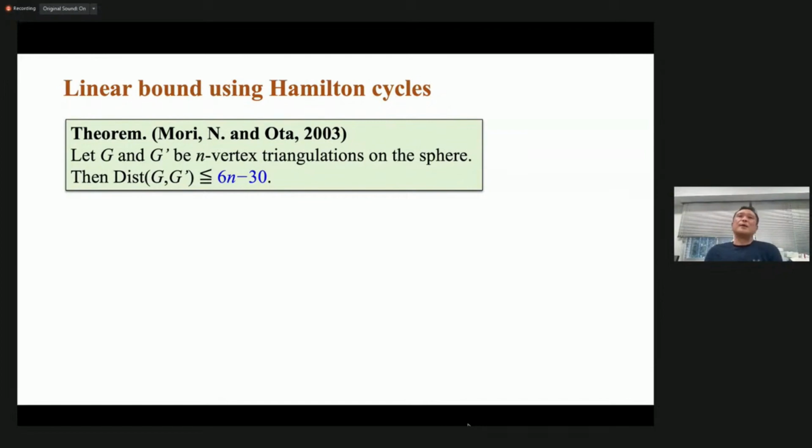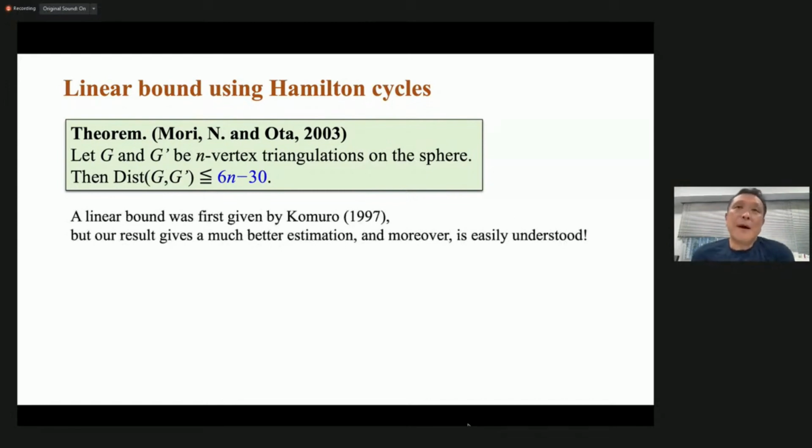This is our result. Let G and G prime be n-vertex triangulations on the sphere. Then the flip distance is at most 6n. So the upper bound is 6n and the lower bound is 2n. We want to know the real coefficient.